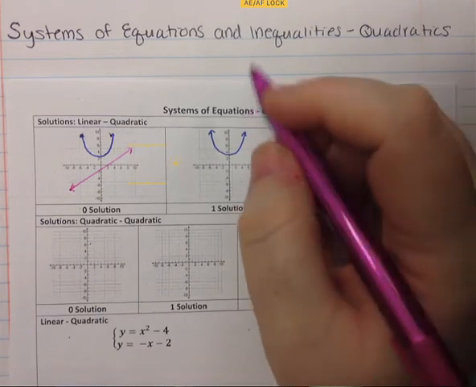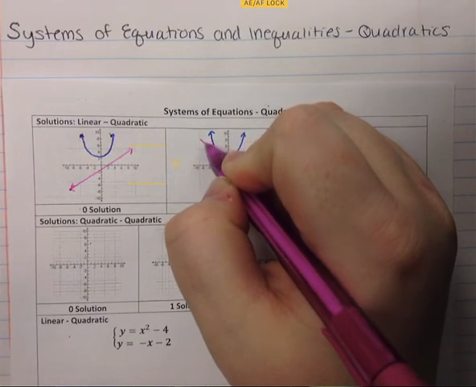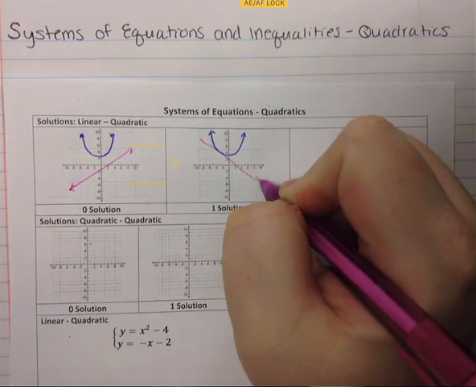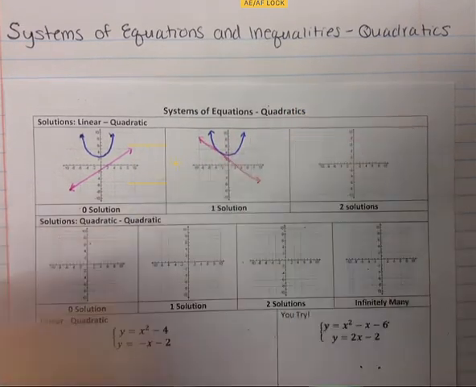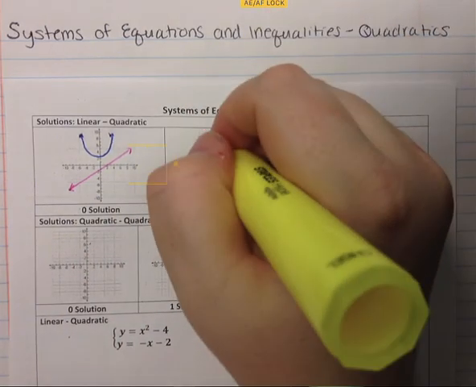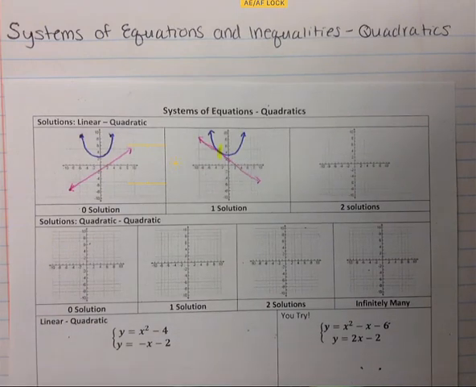So I'm going to show that one on here. My example will have a line that is barely touching the parabola. So the solution for this one would be where the parabola and the line touch each other, which is about right in that location. And that would be an xy coordinate.